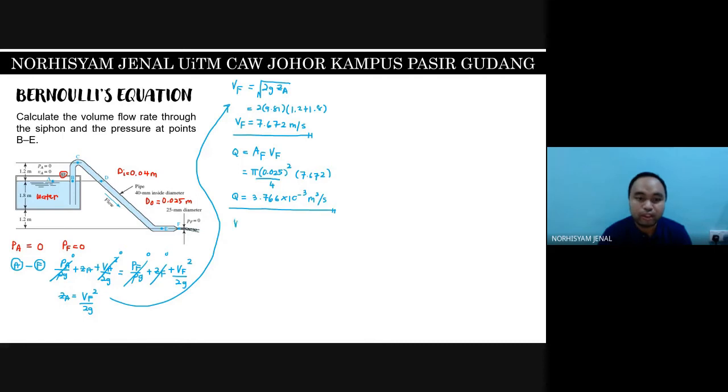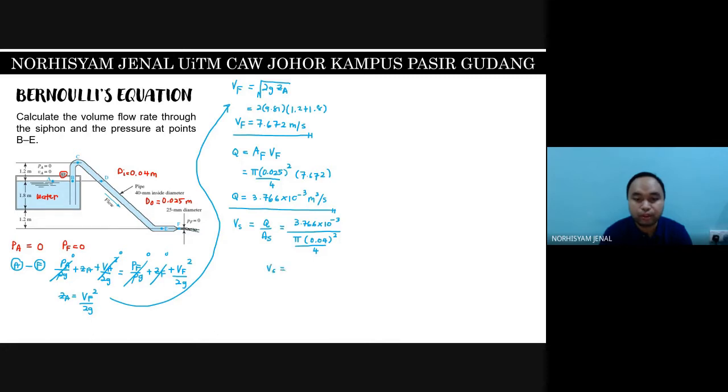Okay, so V siphon should equal to Q divided by area of siphon. So 3.766 times 10 to the power of negative 3 divided by pi 0.04 square over 4.